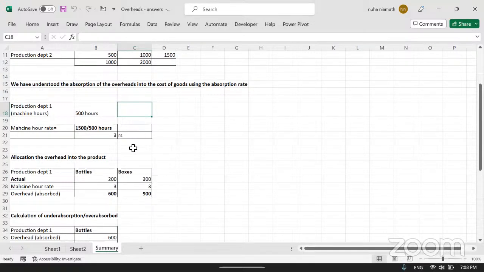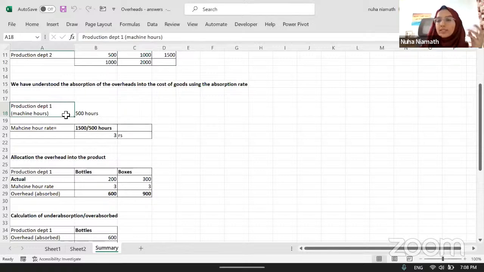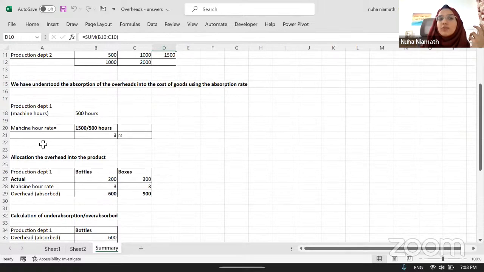All good? Okay. So we have the production department one, for example, with total budgeted hours of 500. And we have a budgeted overhead cost of 1,500 rupees, for example. So this 1,500 rupees is divided by the budgeted hours of 500 to arrive at the predetermined overhead absorption rate.